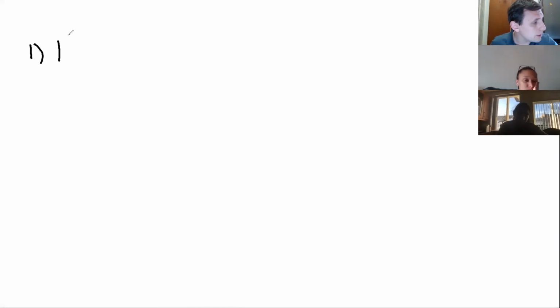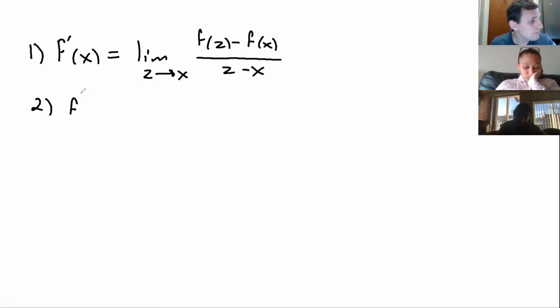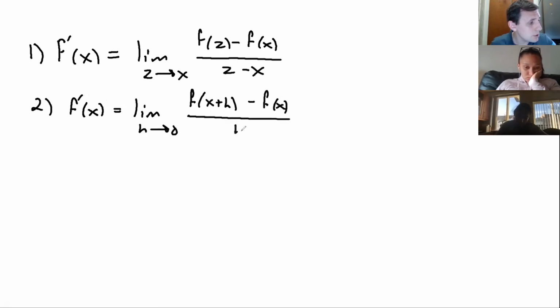If I take the derivative of a function, I can write it as the limit where z goes to x of f of z minus f of x divided by z minus x. Or the second formula, which is the limit as h goes to 0 of f of x plus h minus f of x divided by h.